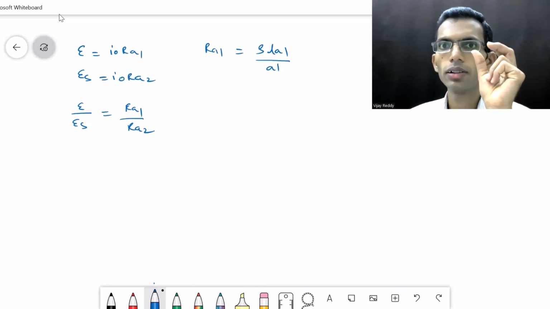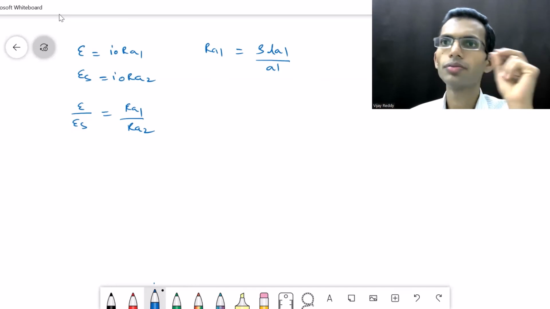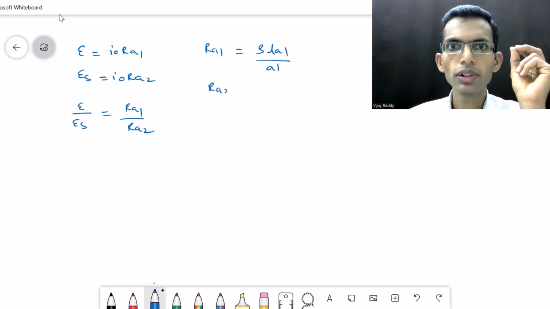LA1 is the length of the wire between A and 1. Similarly, RA2 is rho LA2 by A dash.